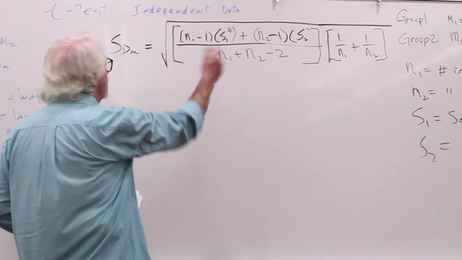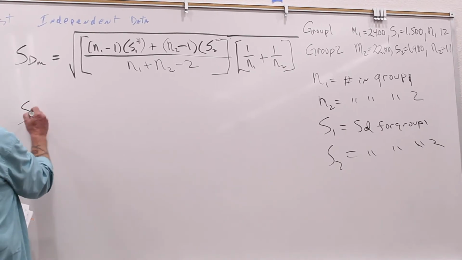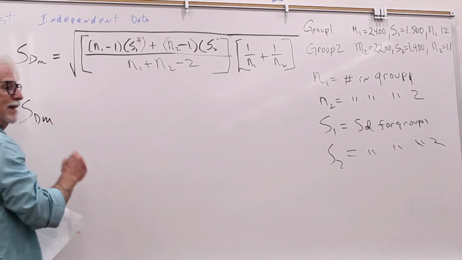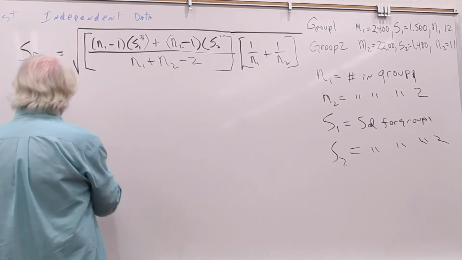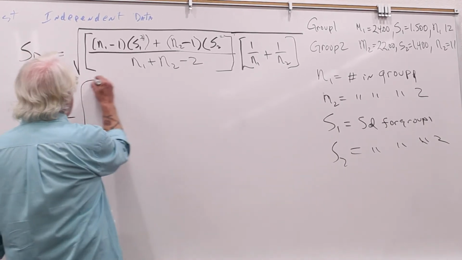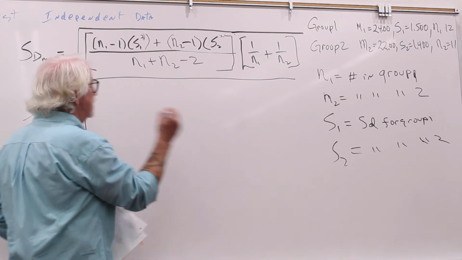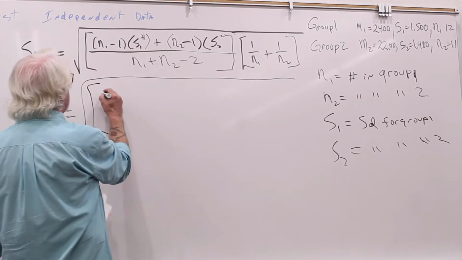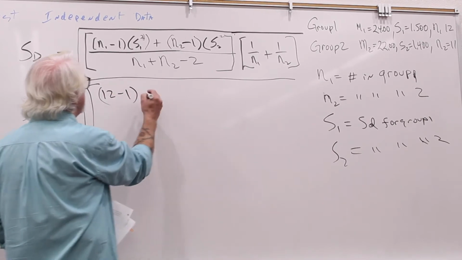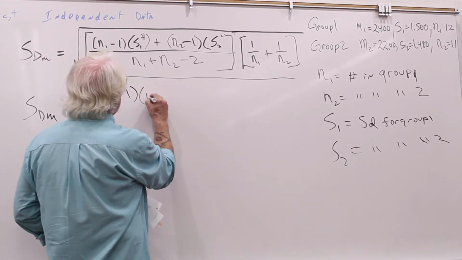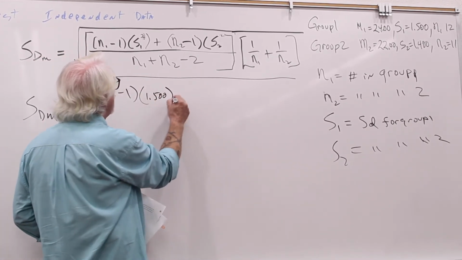Nothing to panic. It looks like a mess, and you know, they are getting more complex, but it's still the same basic stuff, okay? So as we plug in the numbers, we're going to go to 12 minus 1, right? Times 1.500.